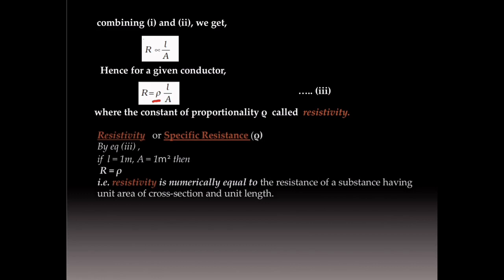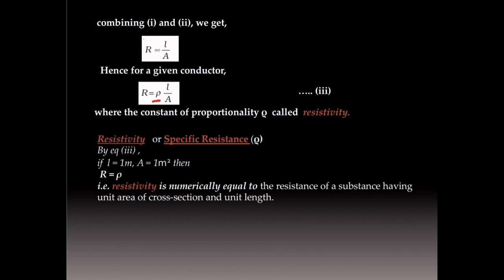To define resistivity in expression 3, if we put L as 1 meter and A as 1 meter square, then R is equal to rho. So resistivity is defined as the resistance of a substance having unit area of cross section and unit length.